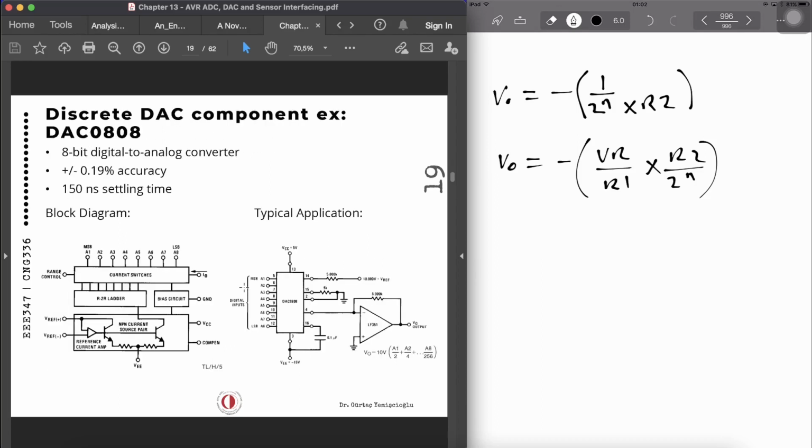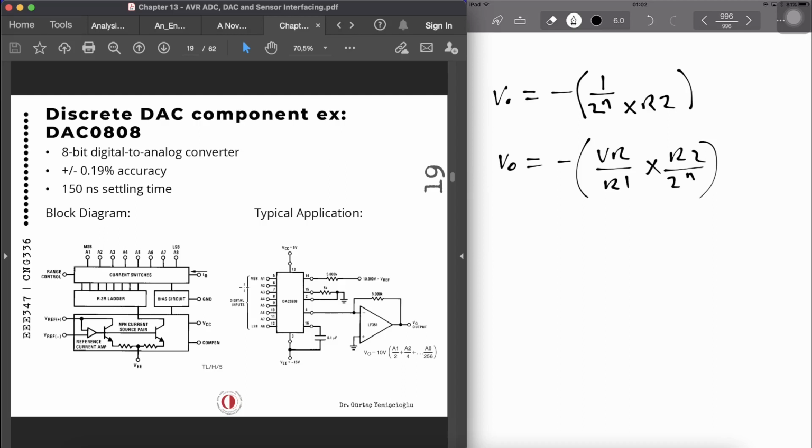Okay, so the discrete DAC is one of the examples of an off-the-shelf component that you can find on the market, so that you can purchase it and use it in your system. It is also available in Proteus if you want to do some system simulations with them. If we look at the internals of some of these discrete components, basically it's the principle we talked about earlier: the way the range or span works, the way the resolution works.